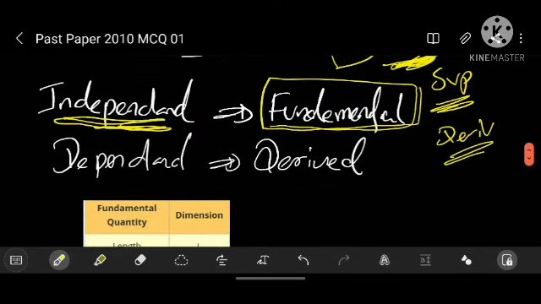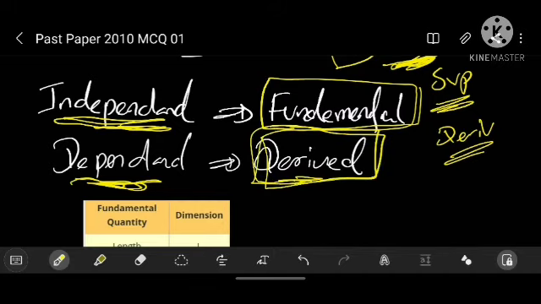The quantities that are derived using these fundamental quantities are called derived quantities. And the supplementary quantities are always attached to fundamental quantities.